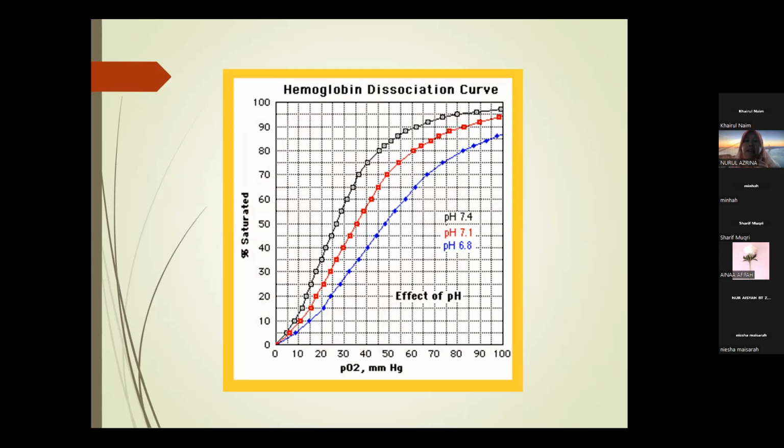Okay, the red one is when the pH is 7.1 and the blue is when the pH is 6.8. So you can see the lower your blood pH is, the oxygen dissociation curve of hemoglobin will be shifted more to the right. Dia akan lebih pergi ke kanan.